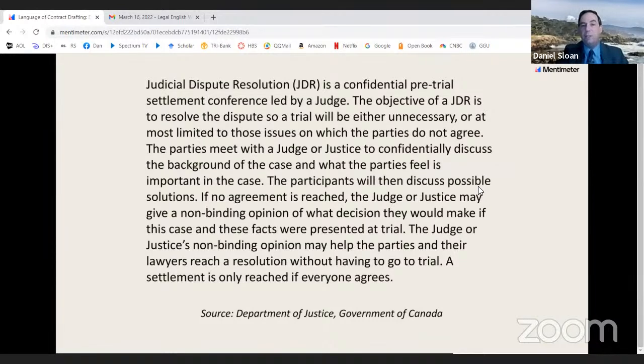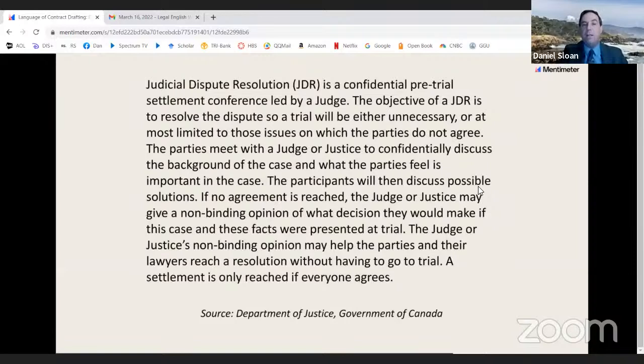If no agreement is reached, the judge or justice may give a non-binding opinion of what decision they would make if the case and these facts were presented at trial. The judge or justice's non-binding opinion may help the parties or their lawyers reach a resolution without having to go to trial. A settlement is only reached if everyone agrees.